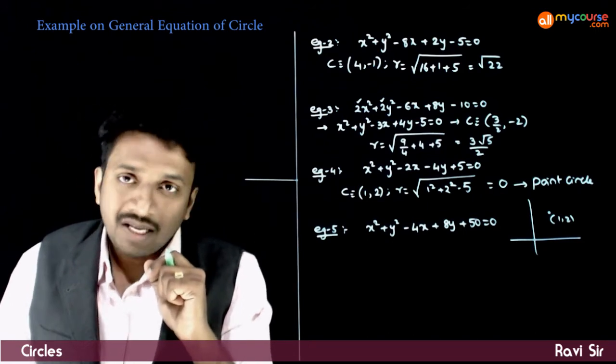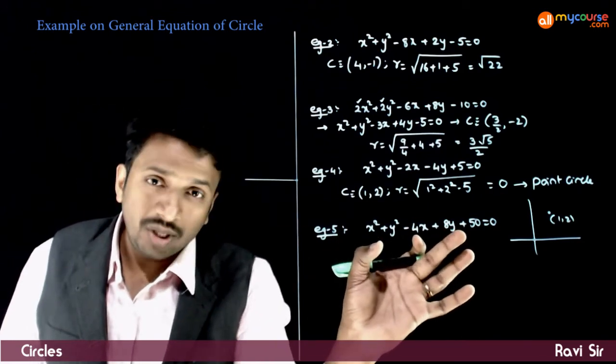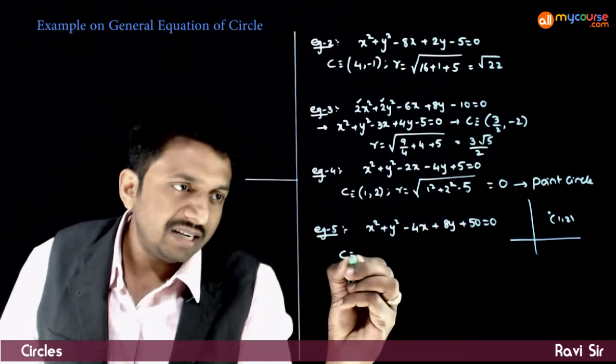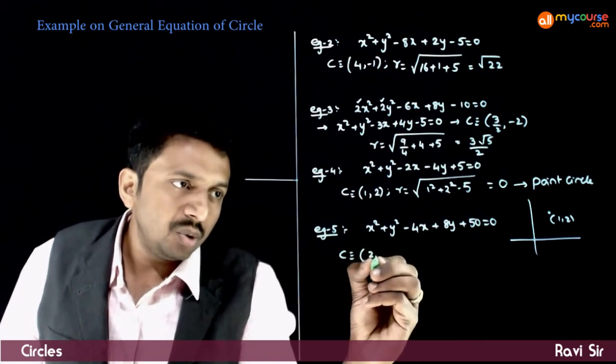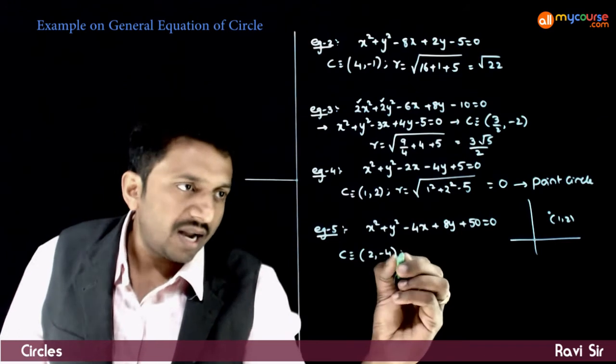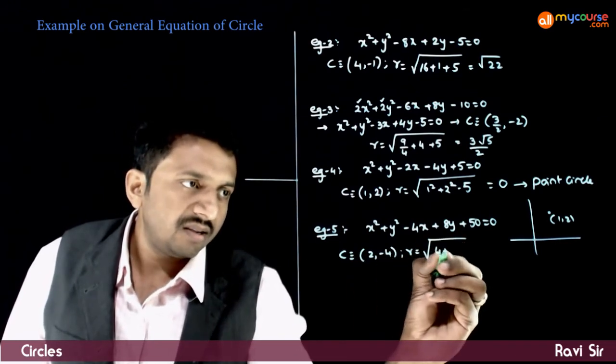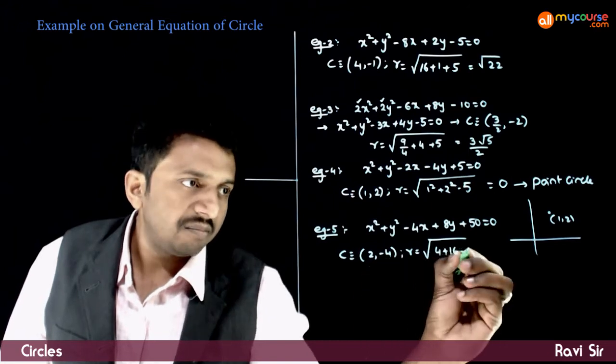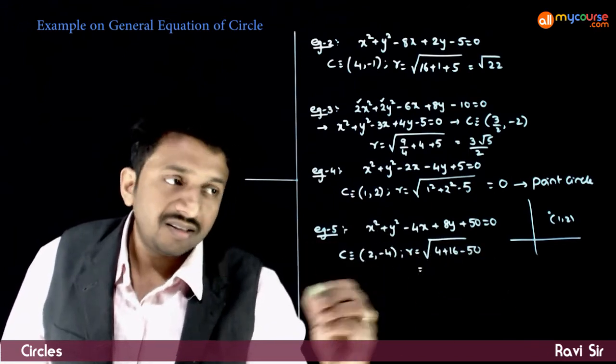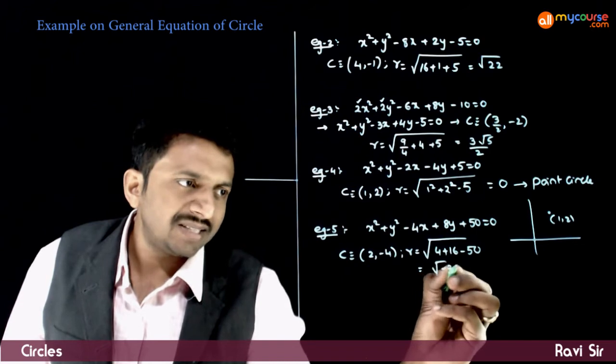Okay. Now, if you go to the next equation, the center is 2 comma minus 4. And what is the radius? Root of g square plus f square minus c. That is equal to square root of minus 30.